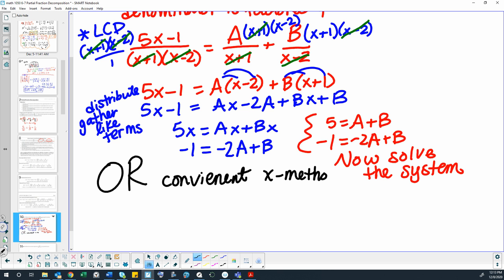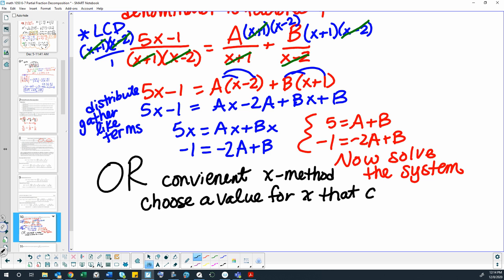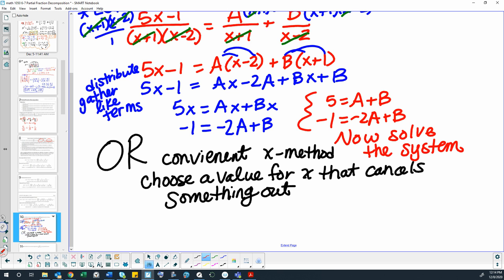And the convenient x method is where you choose a value for x. Okay, so to use my other method, I'm going to go back to this step right here: 5x minus 1 equals a times (x minus 2) plus b times (x plus 1), the step before I distributed.